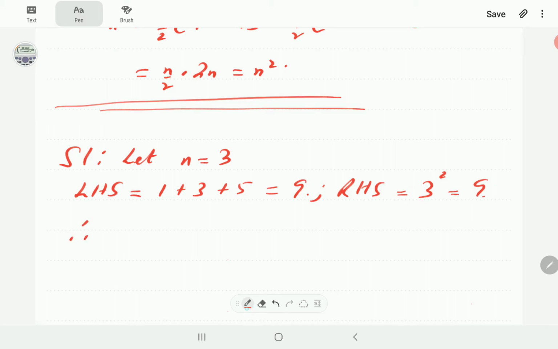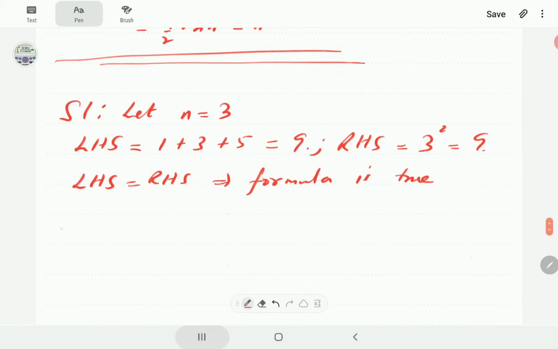The left hand side is equal to the right hand side. This implies that the formula is true. So that's the conclusion we come up with from step 1.